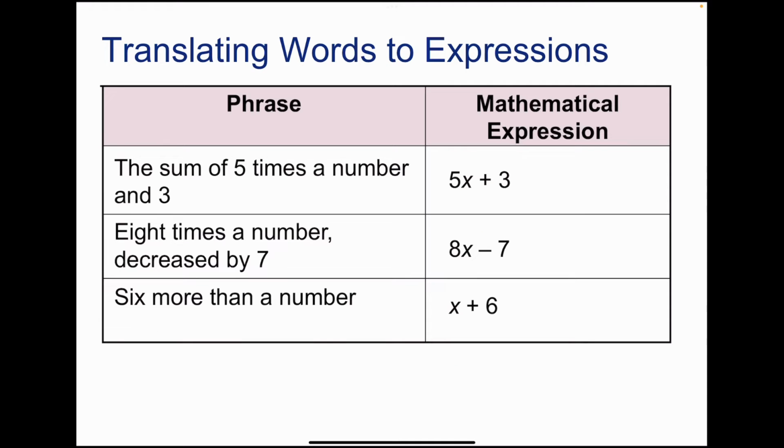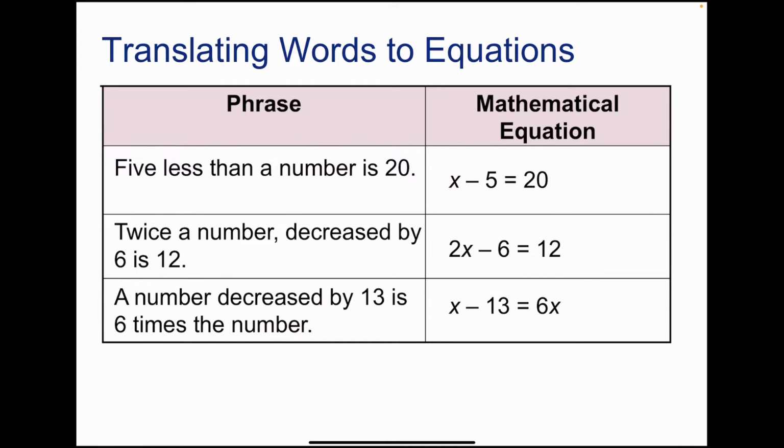The sum of 5 times the number and 3, the sum of meaning you're going to add two numbers together. 5 times the number is 5x, 3 is 3, so you add those two expressions together, you get 5x plus 3. 8 times the number, which is 8x, then decreased by 7, so you subtract 7 from it. 6 more than a number just means you add 6 to the number x.